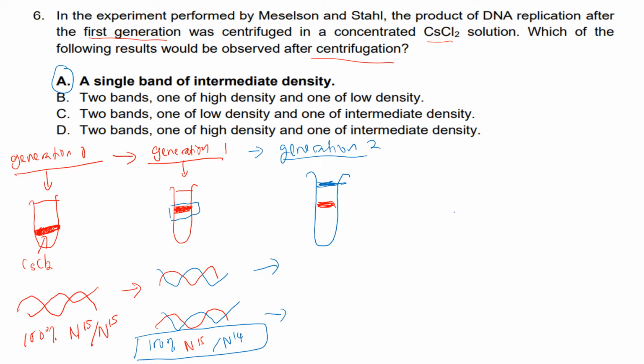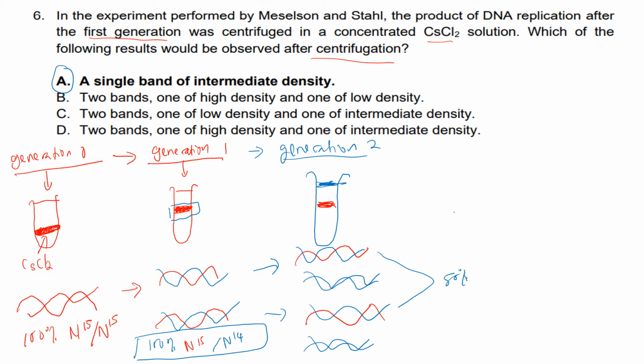So imagine you separate the DNA strand, and then use nitrogen 14 to synthesize the new DNA strand. The blue one indicates it consists of nitrogen 14 only. As you can see, 50% of the DNA consists of nitrogen 14 and nitrogen 15.